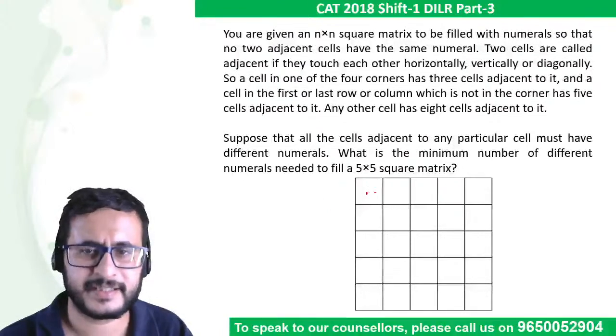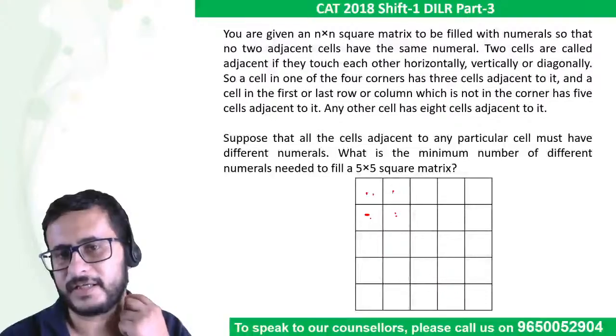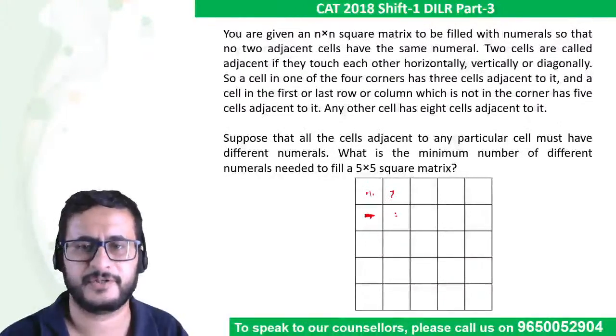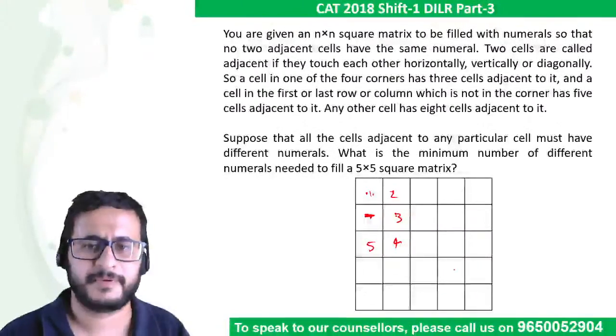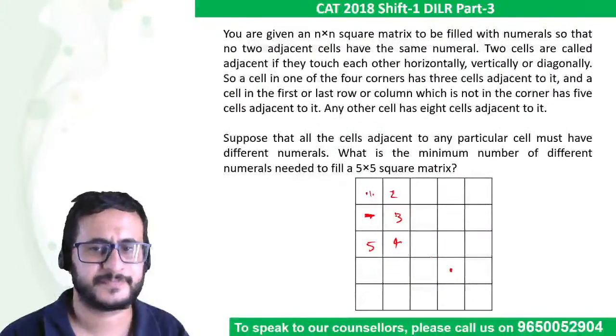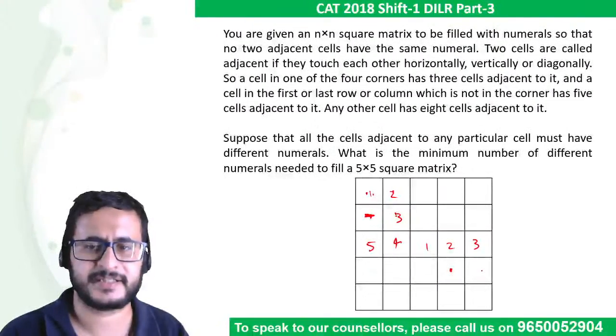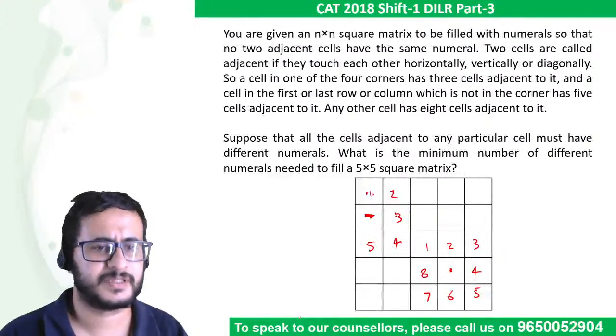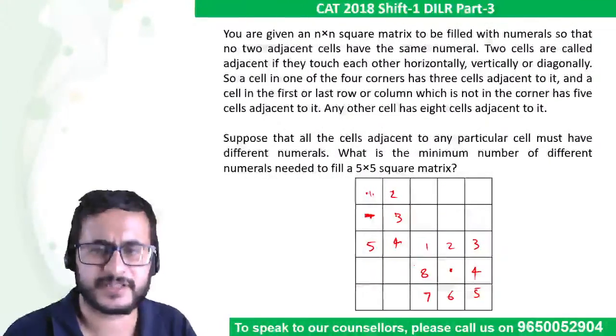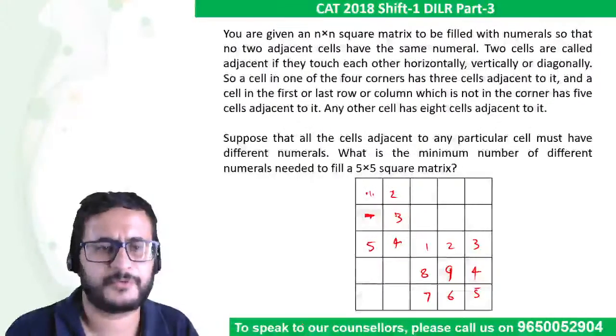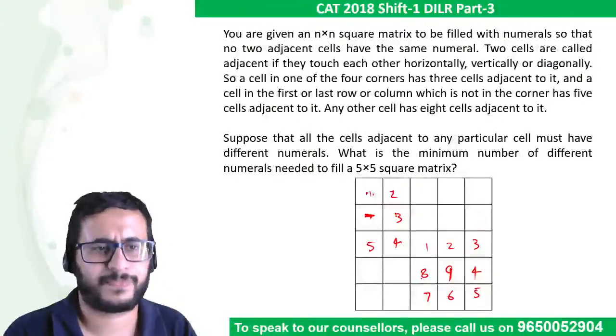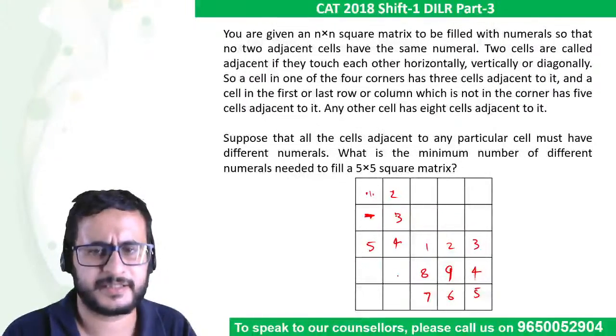If we look at this, it has 3 adjacent. It has 5 adjacent, like this cell will have 5, 1, 2, 3, 4, 5. But if I take some central cell like this, it can have 8 adjacent cells. So I can put up to 9 digits. Let us say I can make any other number, right?